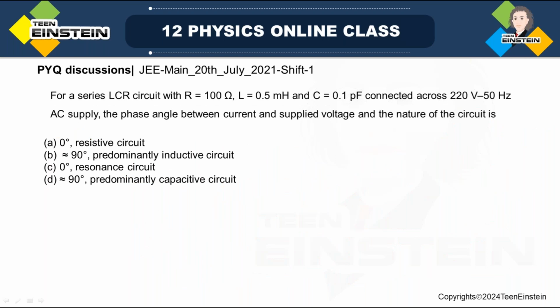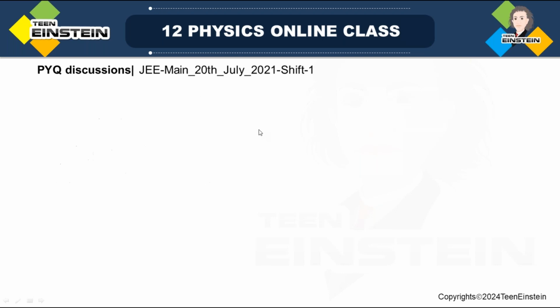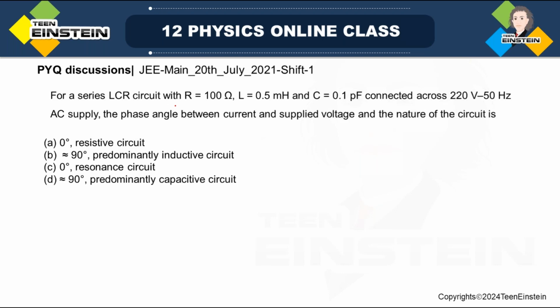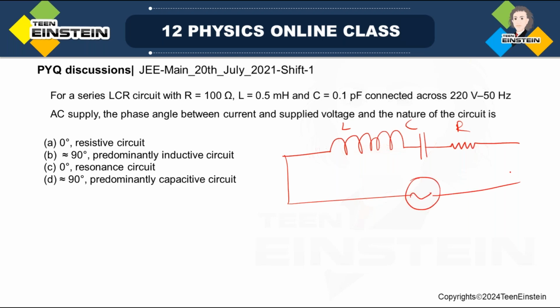Now this question says, for a series LCR circuit with 100 ohm R. This is L, this is C and R connected to a battery say.